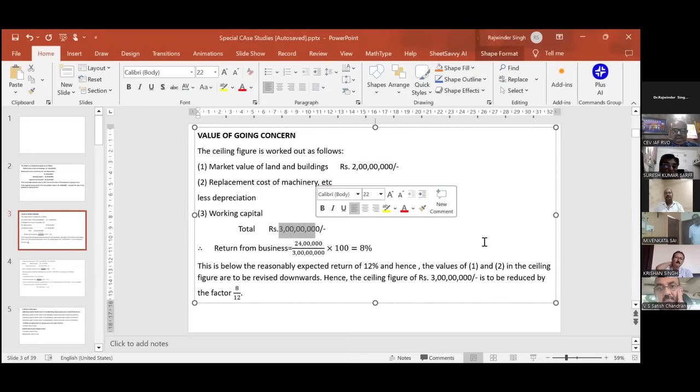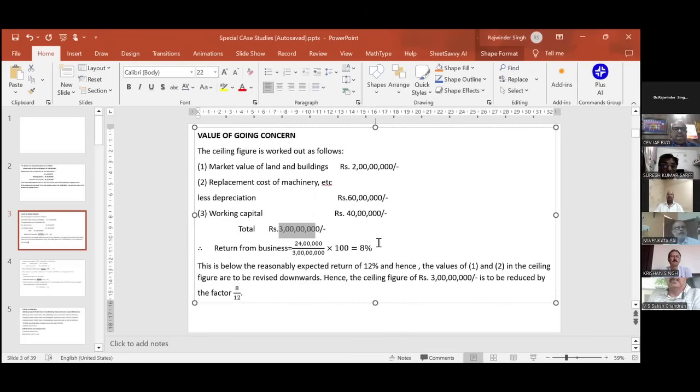And if the profit is 24 lakh, we will check how much return it will generate from this 3 crore. So the return from the business, if it is 24 lakh as given in the question, 24 lakh divided by 3 crore multiplied by 100, is 8%.